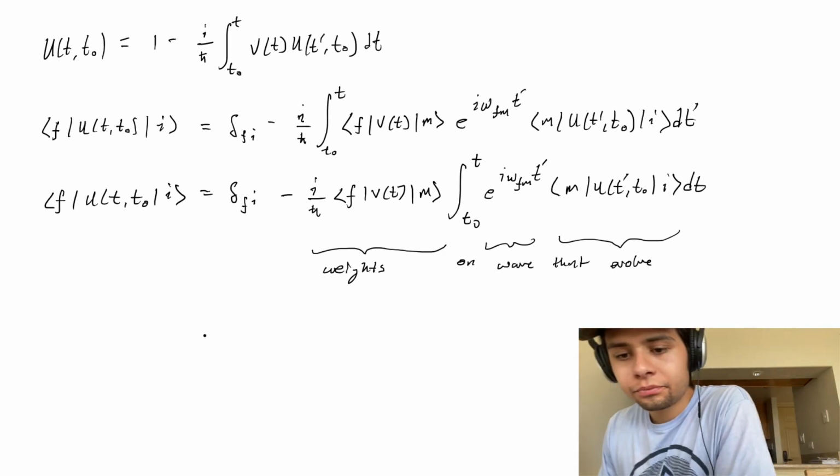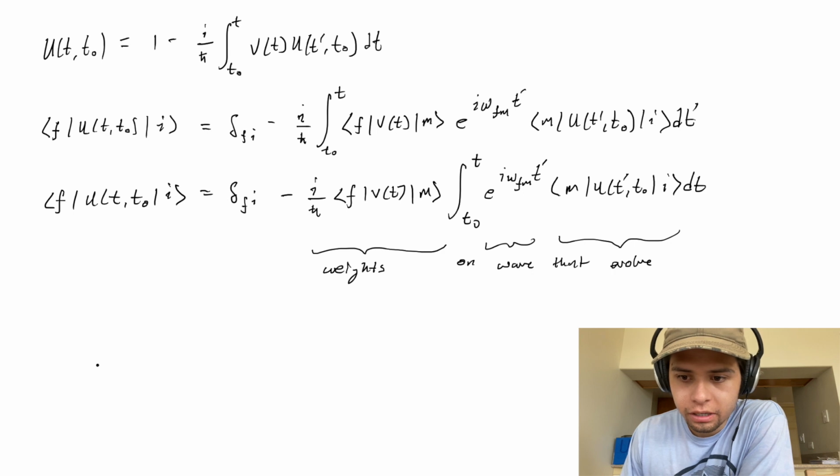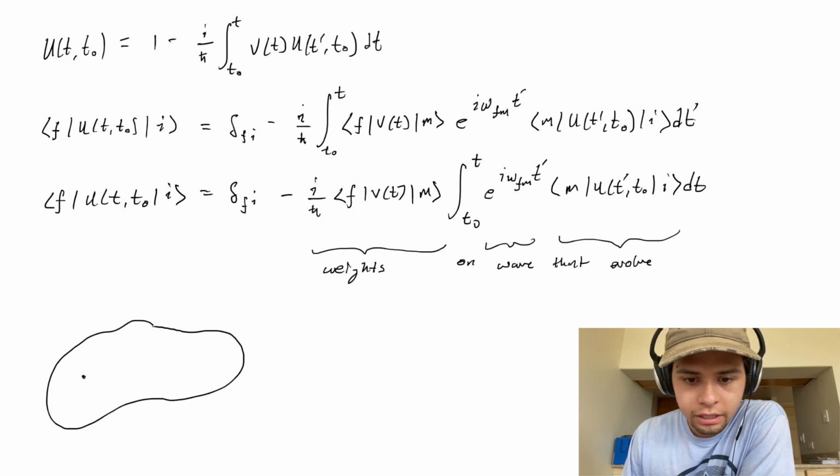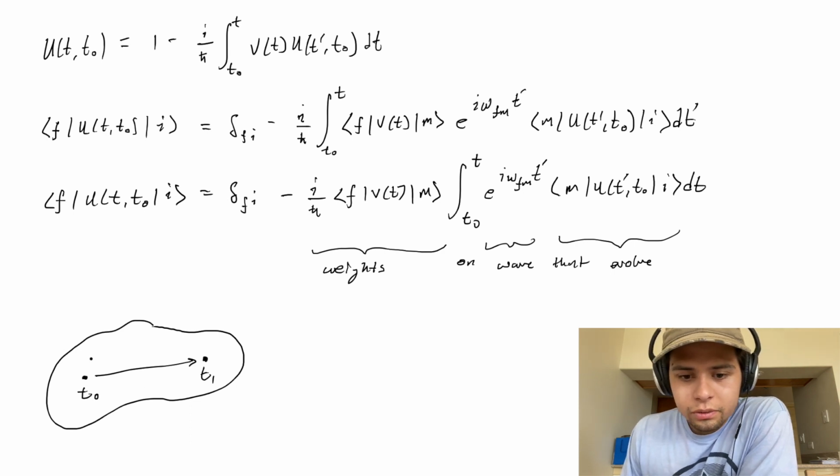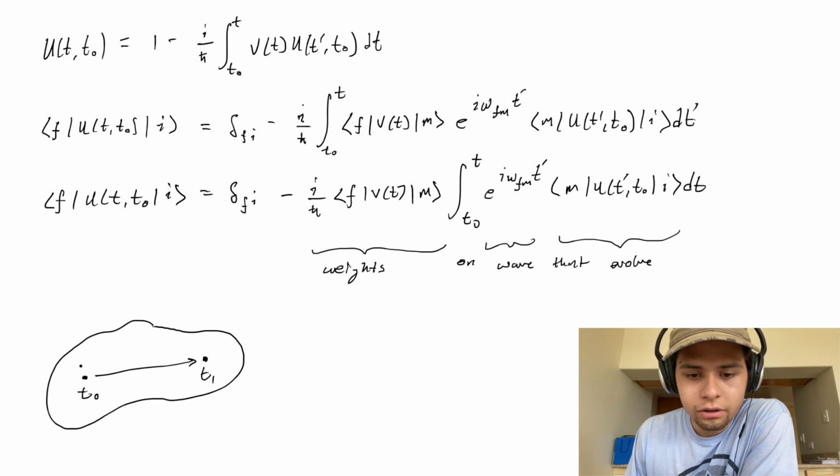Okay, so again, I know I'm pushing an hour here, but here we have some time manifold, you can think of it like that, and here at time 0 and we go to time 1, what we basically have is some complex wave here that operates on states, or we could think of it here as U of T. Actually, so we have U of T naught, that's a T naught, and here we have U of T 1 T naught.